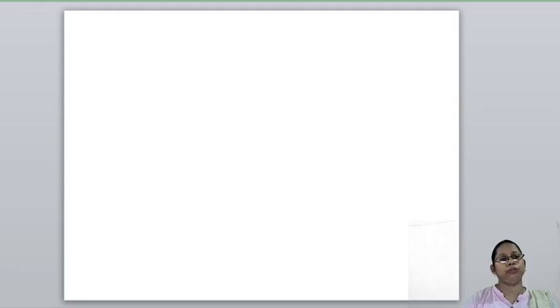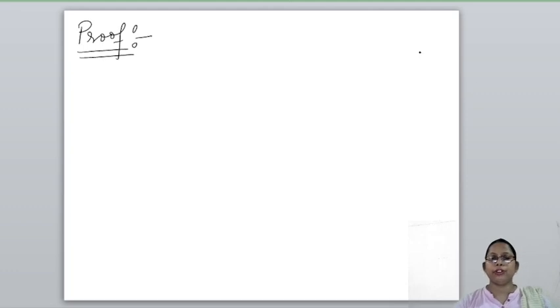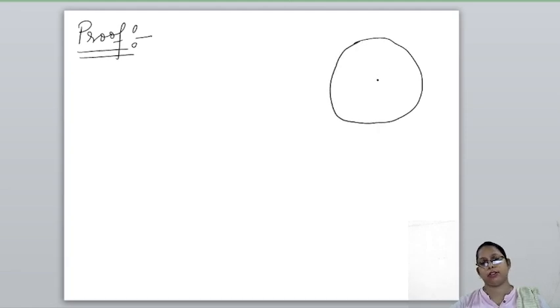Now, the proof. First draw this circle. Suppose this is my center z naught, this is the radius R naught, and this is my circle C naught.